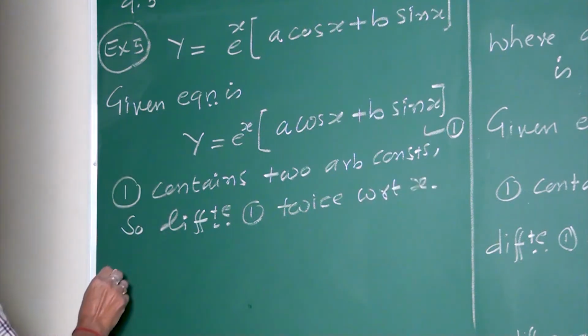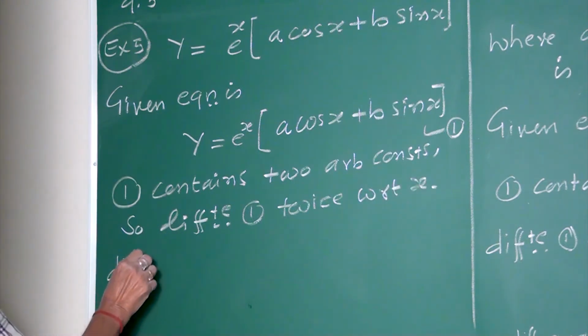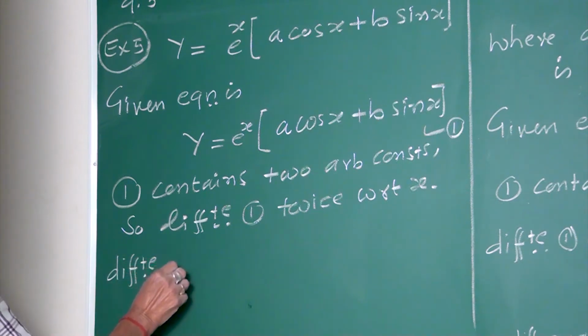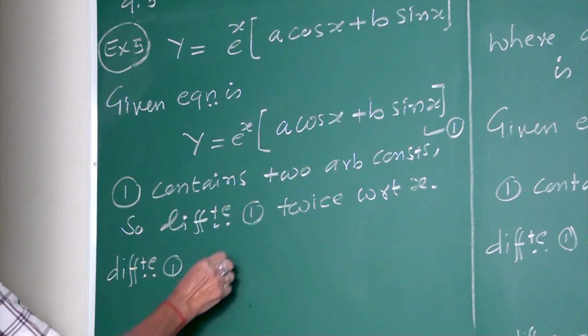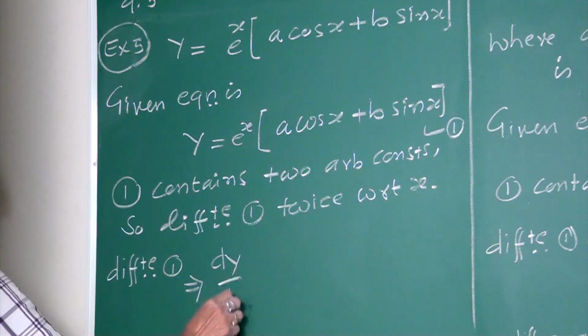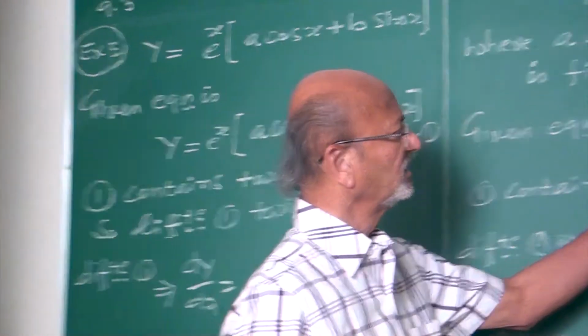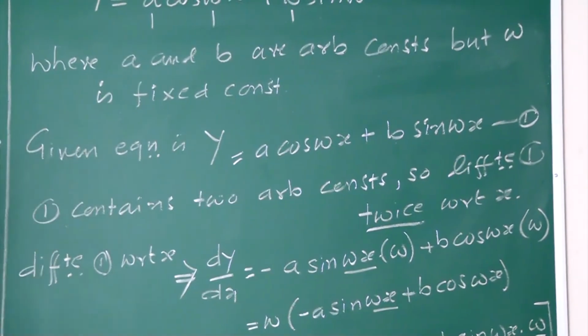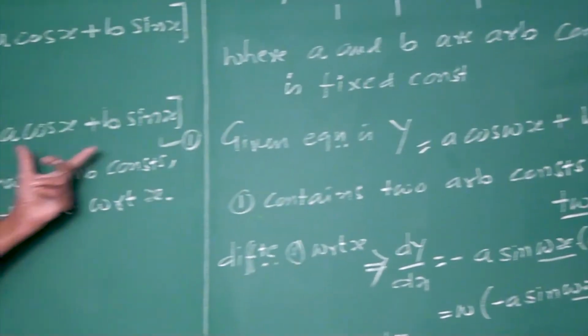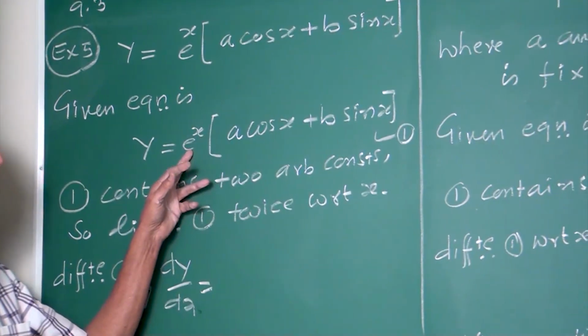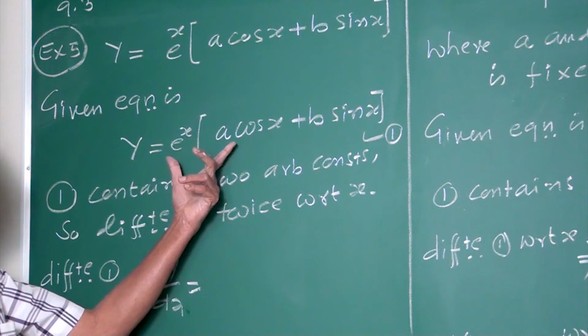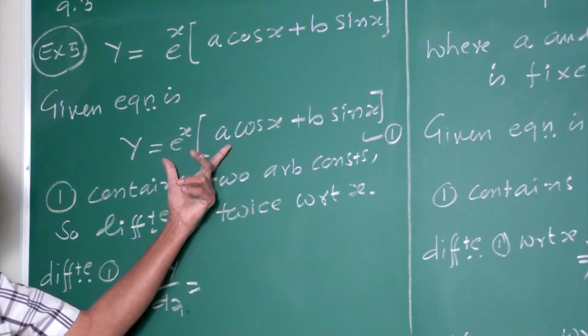Differentiate the first time. What is the difference, my friends? Earlier it was only one term, but in this case it is a product now. This is one term, e to the power x is another term. You are differentiating this product by using the product formula.